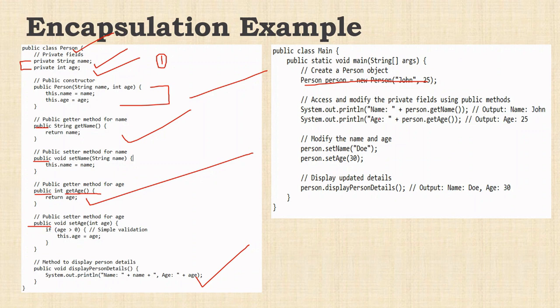So here person.getName and person.getAge fetch the name and age of that person. If you want to set, you can set with setName and setAge, like this you can set the person details. If you want to display, you can display like this.